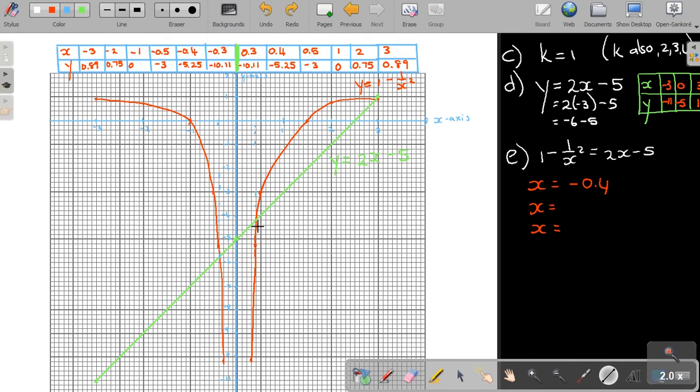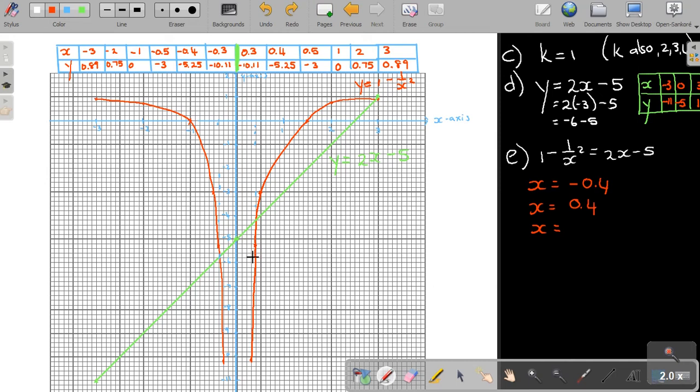But another person can have 0.5. It depends on your graph. But mine is, in this case, 0.4, but I think in my teacher's guide it's 0.5. I struggled a little bit with accuracy with this technology.